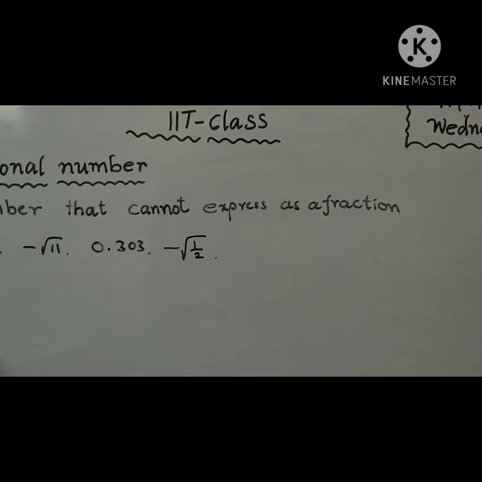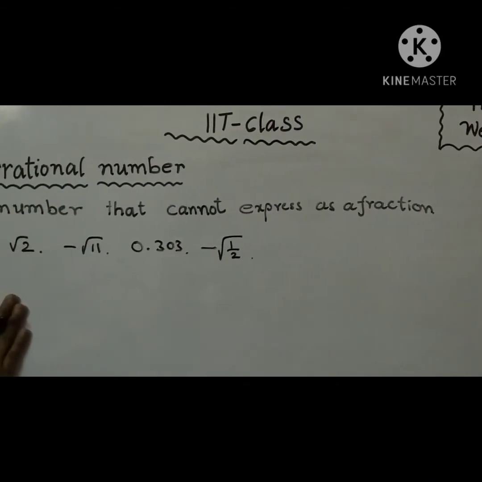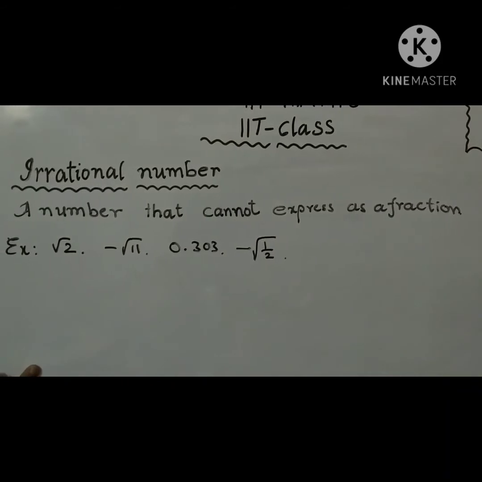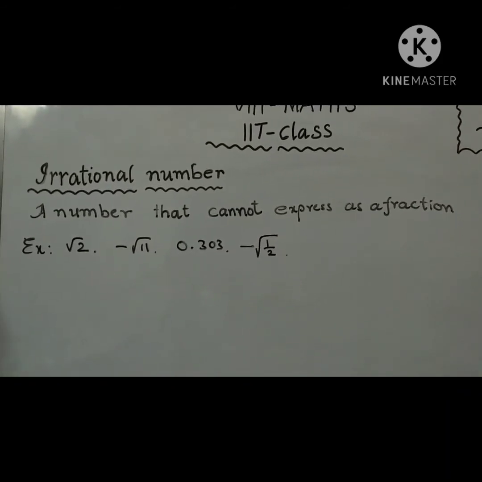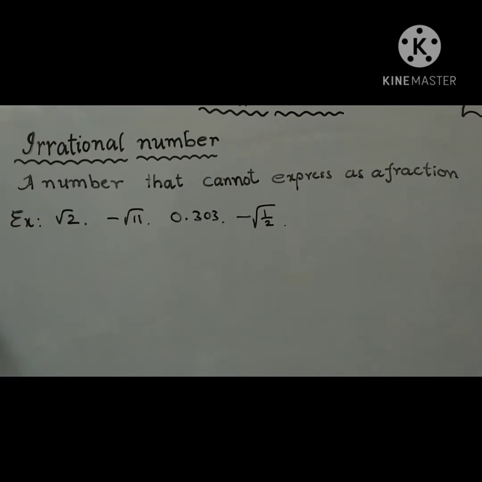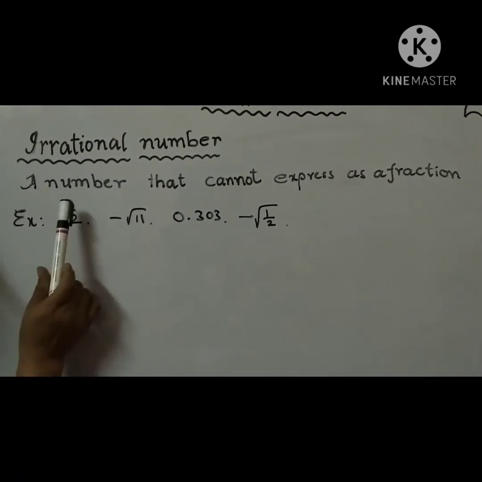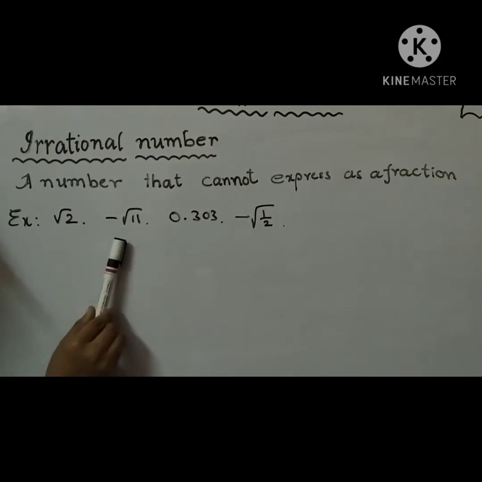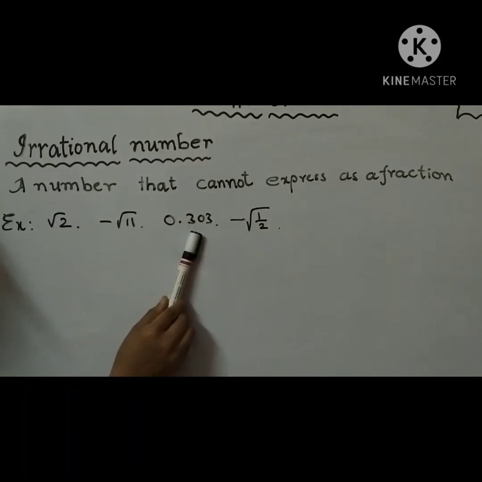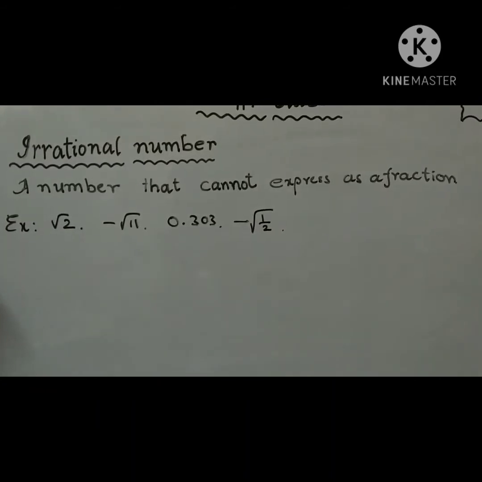These are examples of irrational numbers. Did you understand, children? What is the definition of an irrational number? A number that cannot be expressed as a fraction. For example, root 2 minus root 11, 0.303, and such decimals are also irrational numbers.